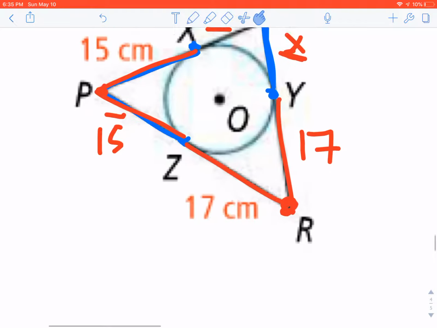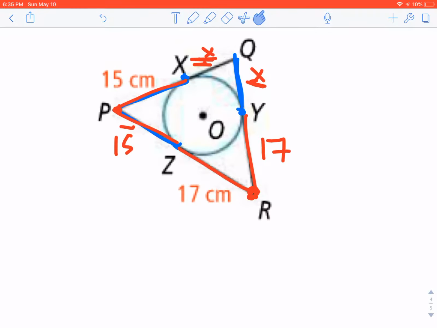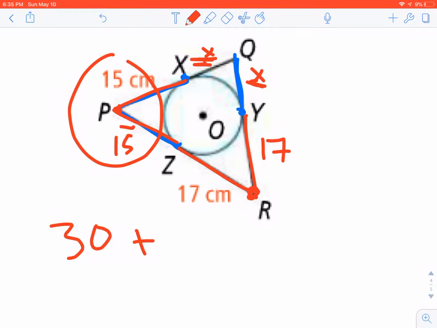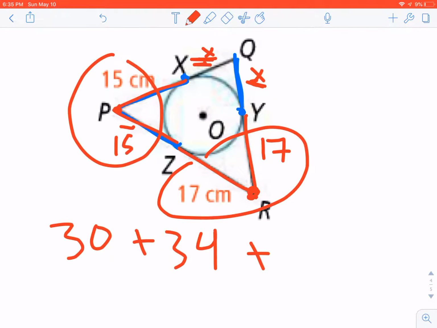Okay? Well, I know the full perimeter is 88, so I know that 15 and 15, to make the addition a little bit simpler, is 30. 17 and 17 is 34. Plus X plus X equals 88.